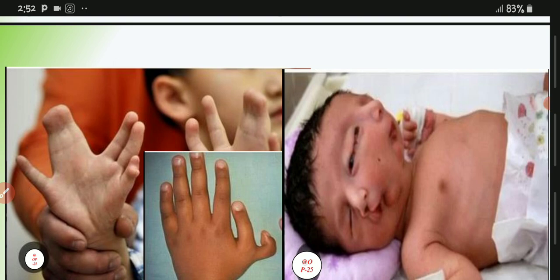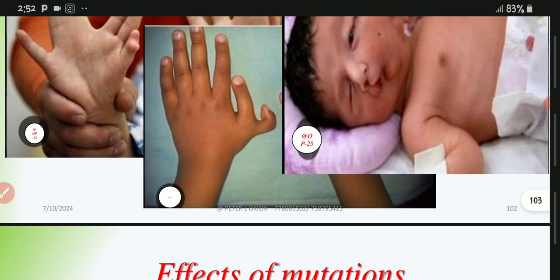Those are all mutations. When the fingers are joined together, or people are born with 6 or 7 fingers, all of those are due to mutations.